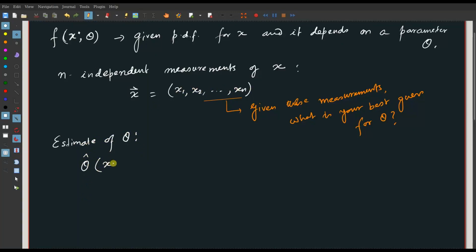So theta hat would be a function of x1, x2, up to xn. So you construct a function. How to construct this function that actually estimates theta, that is another problem. But so far it should be clear that since these are the only information available, you have this estimate of theta here.